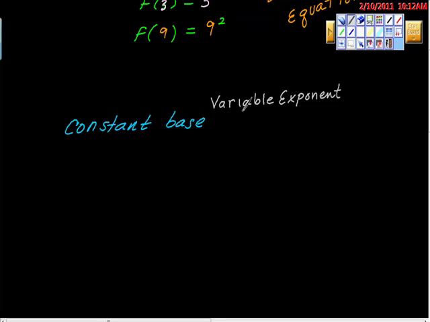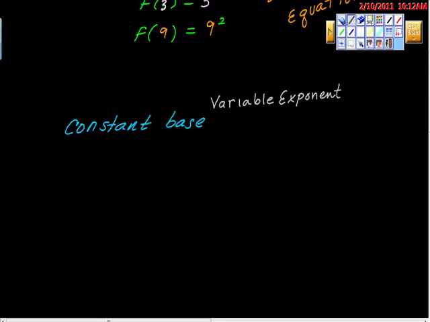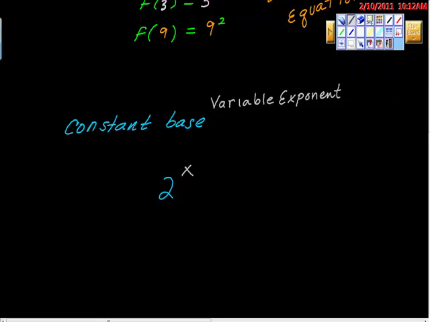Well, where's the variable part? So now, instead of having x squared, we're going to have 2 to the x power. And see, here's our f of x now. F of x is this. Hopefully you can see the difference here.